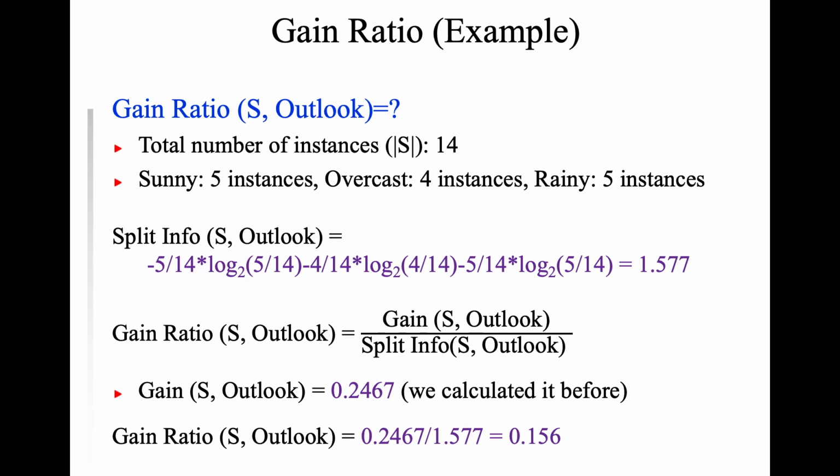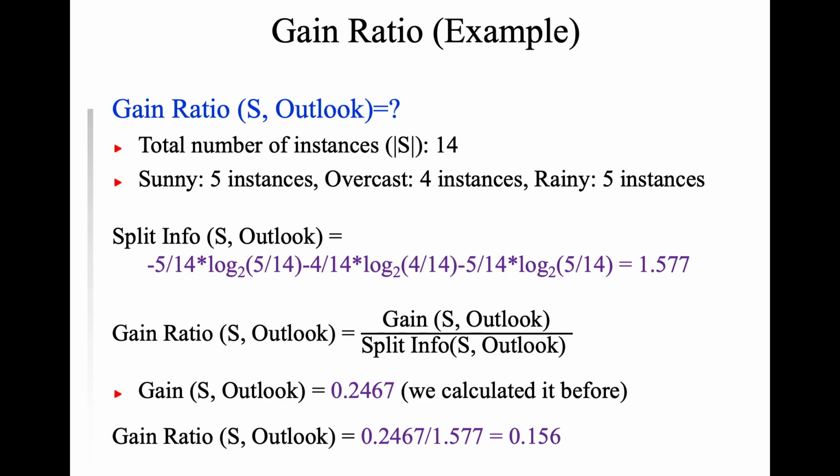For the split info, we just find the entropy with respect to that proportion. So what is the total number of instances here? We had 14, right? 14 days. And we have 5 instances in the sunny, 4 instances in the overcast, and 5 instances in the rainy, right?